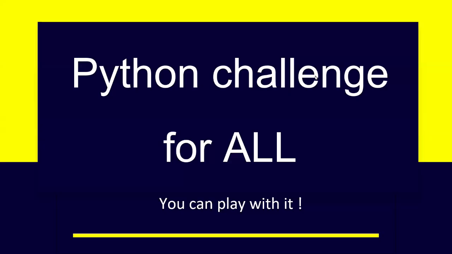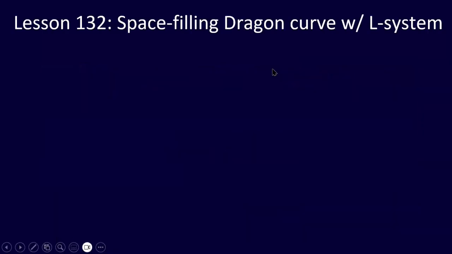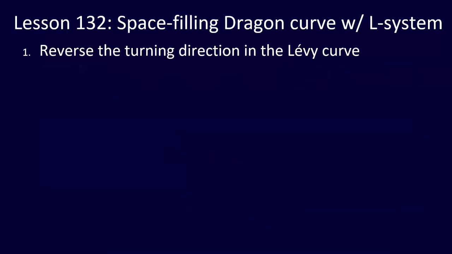Okay, let's see. Today we are going to draw the dragon curve again. Last time we used recursion to draw the dragon curve. This time we will draw it with an L system to see how it works. It's just like the Levy curve, and we need to reverse the turning direction in the middle of the Levy curve.